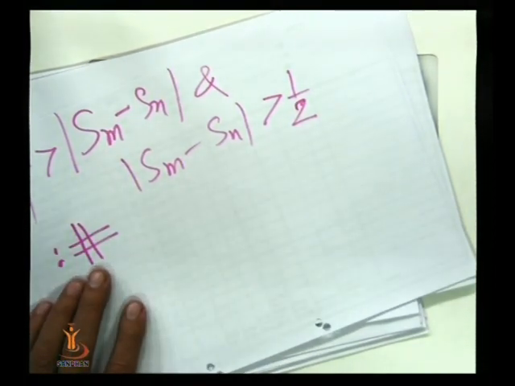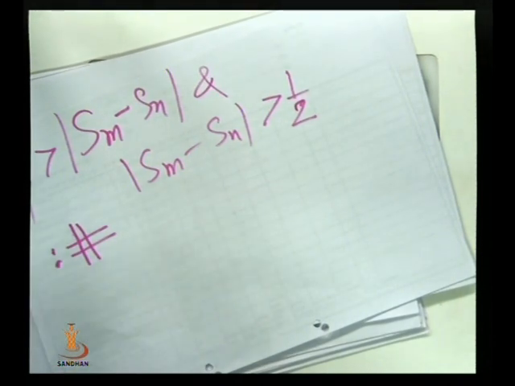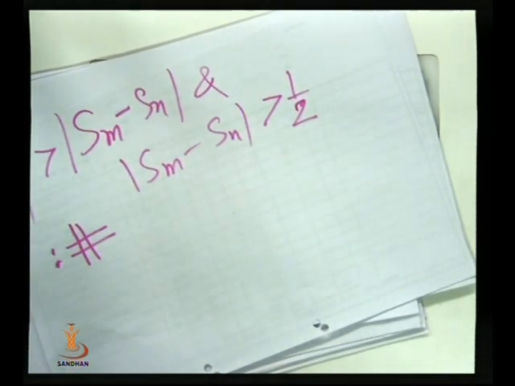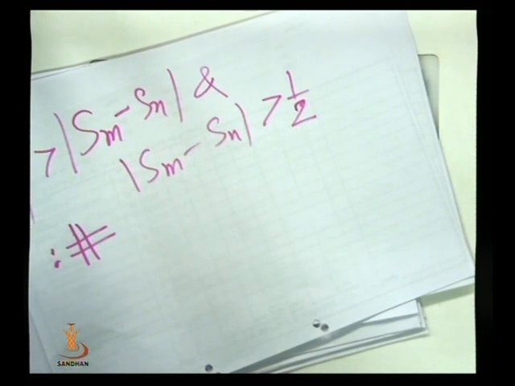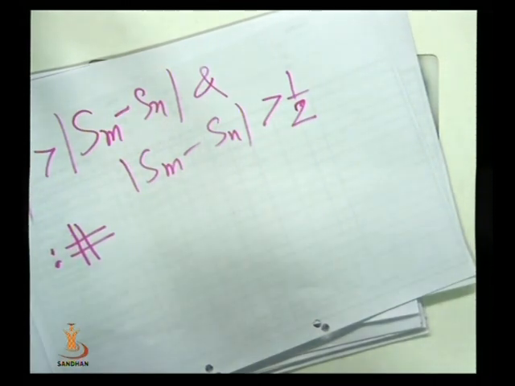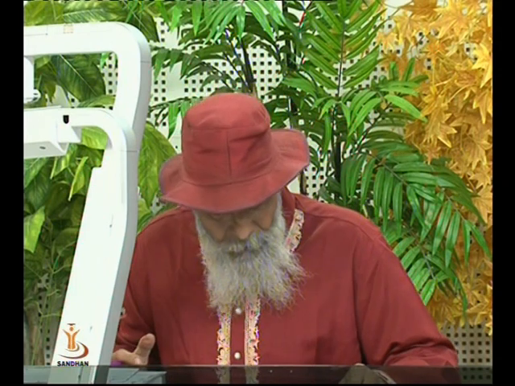Why did this contradiction happen? Because we assumed that the given harmonic sequence is convergent. Therefore, our assumption that this is convergent is false, and therefore it is not convergent, it is not Cauchy.